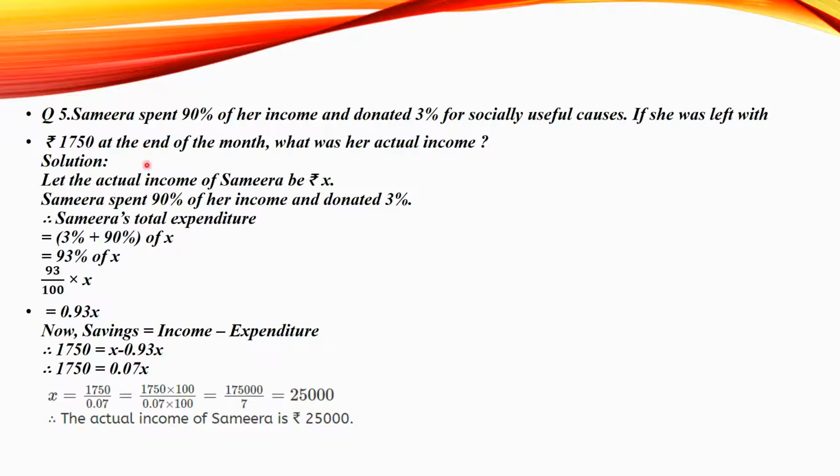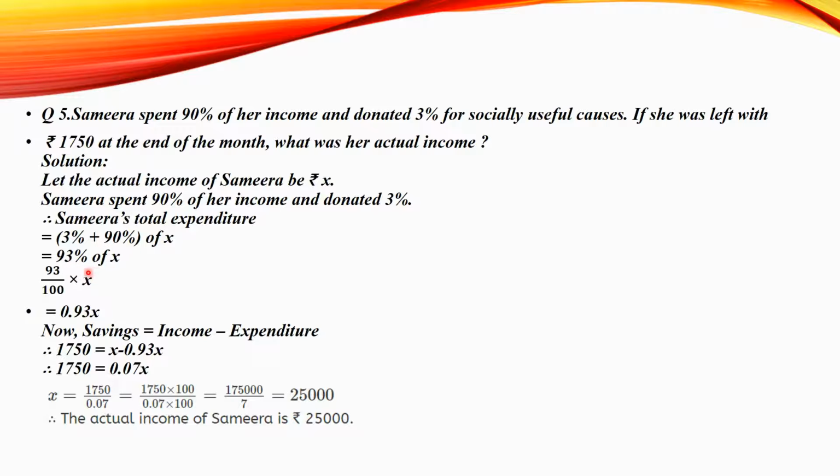Let the actual income of Samira be rupees X. So Samira spent 90% of her income and donated 3% for the socially useful causes. So total expenditure of Samira is 3% plus 90% of X, that is 93% of X.